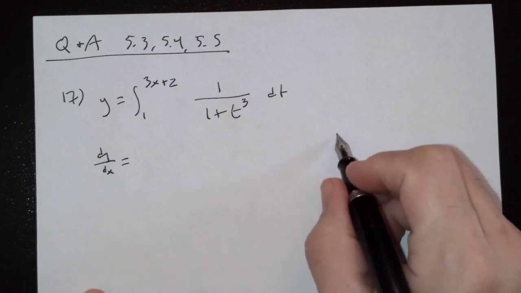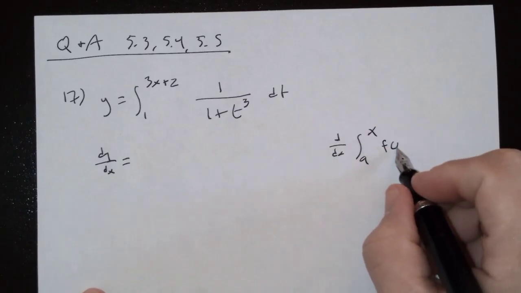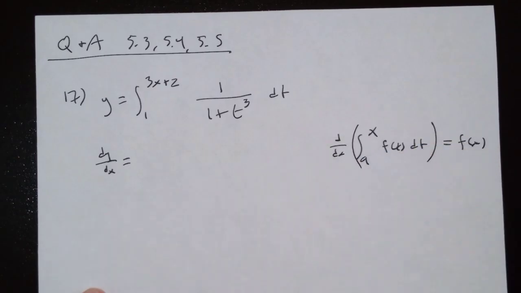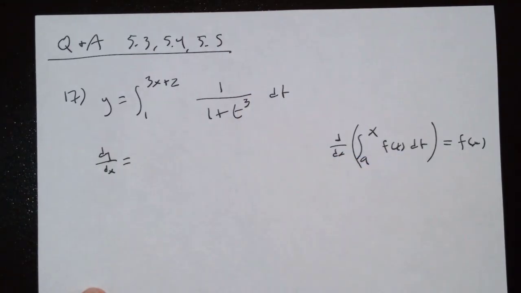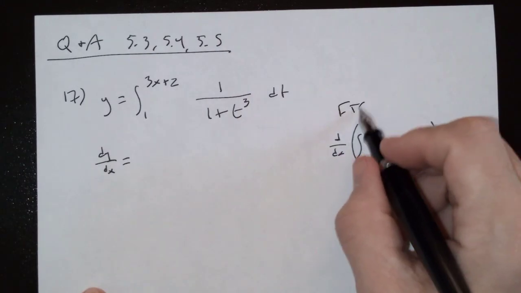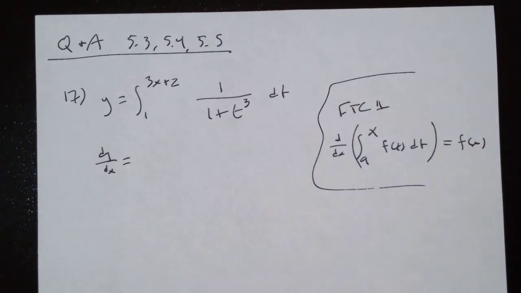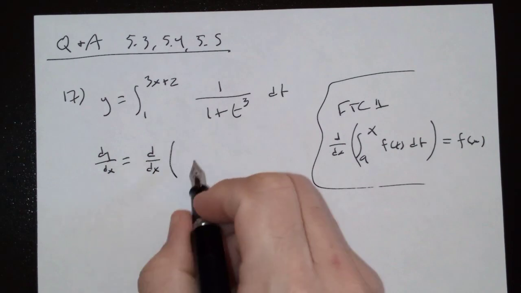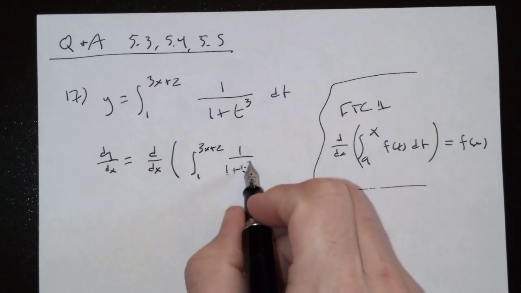So the derivative of the integral from a to x of f of t dt is f of x. I want the derivative of this thing. This is what the fundamental theorem of calculus part 1 says. So really, I could rewrite this request as the derivative with respect to x of the integral from 1 to 3x plus 2. Copy all this stuff down.